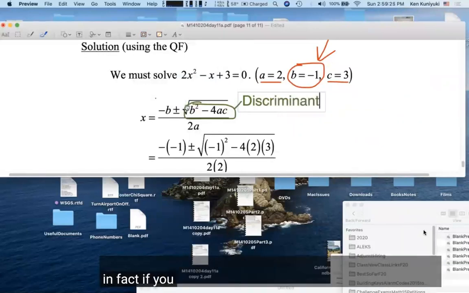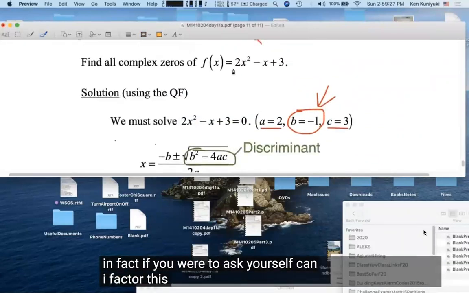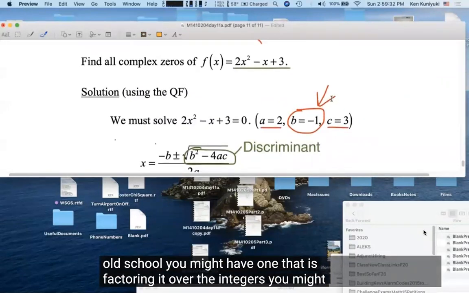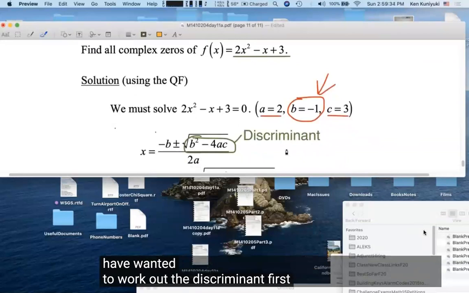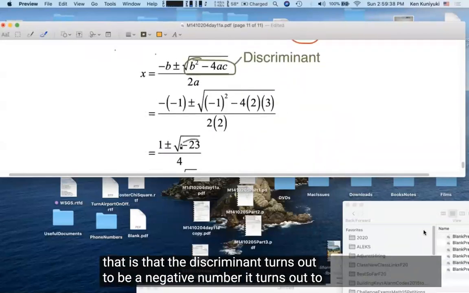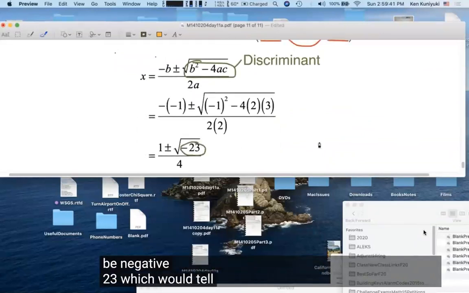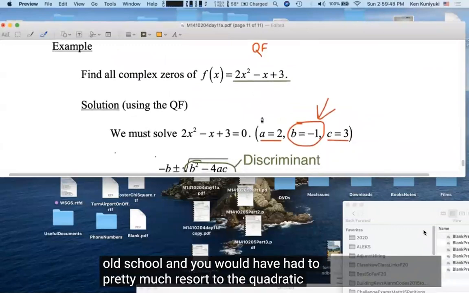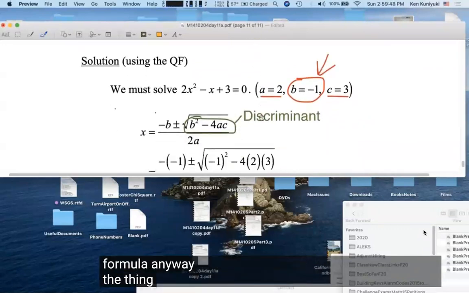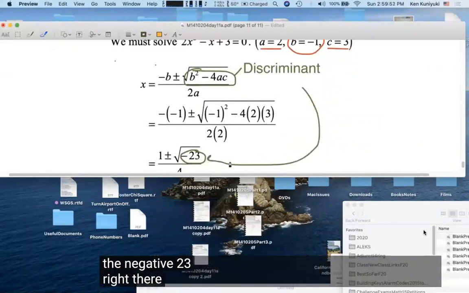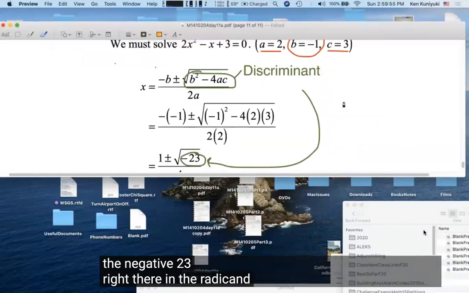And in fact, if you were to ask yourself, can I factor this old school, that is factoring it over the integers, you might have wanted to work out the discriminant first. And you'll find out that the discriminant turns out to be a negative number. It turns out to be negative 23, which would tell you that you could not factor this thing old school. And you would have had to pretty much resort to the quadratic formula anyway. The thing is, if you work out the discriminant, you're ready to stick in the negative 23 right there in the radicand. So we pretty much had to use the quadratic formula anyway.